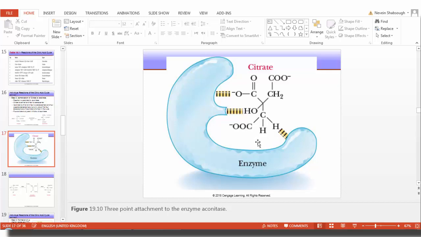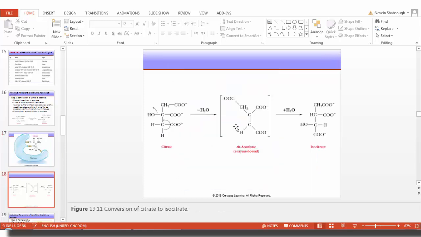The reaction proceeds by removal of a water molecule from the citrate to produce cis-aconitate, and then water is added back to the cis-aconitate to give isocitrate. This intermediate remains bound to the enzyme during the course of the reaction, and there is some evidence that citrate is complexed to the iron 2+ in the active site of the enzyme in a circular conformation.